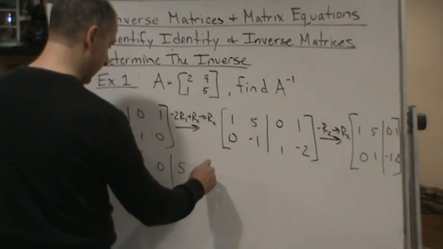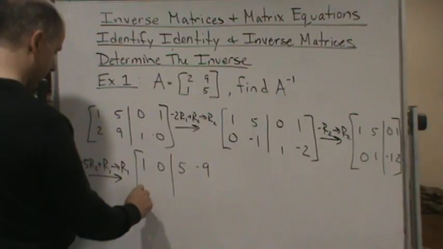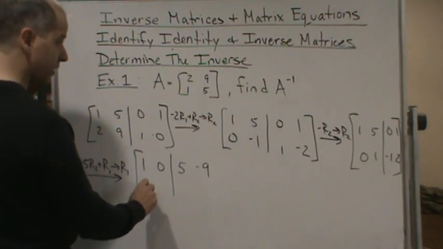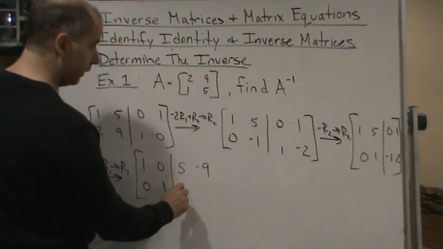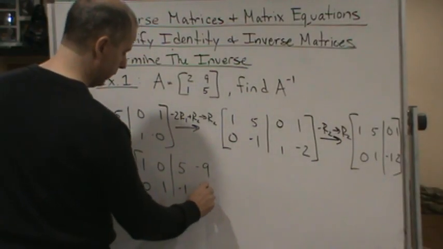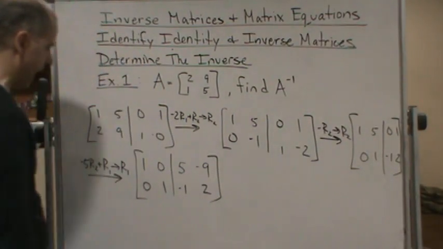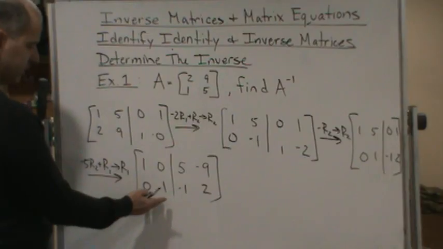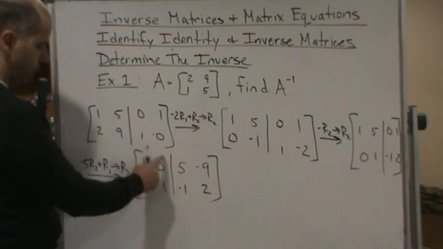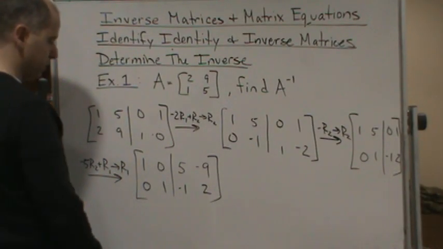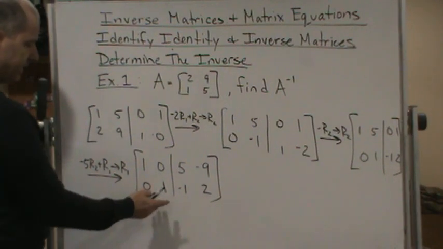So I get -9 up here, and then the second row stays the same, so that's going to be 0, 1, -1, 2. And now I'm finished because now what I've done is I've row reduced this as much as I can and I've got the identity.